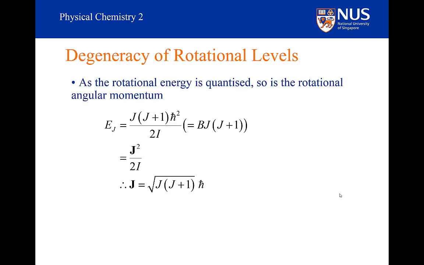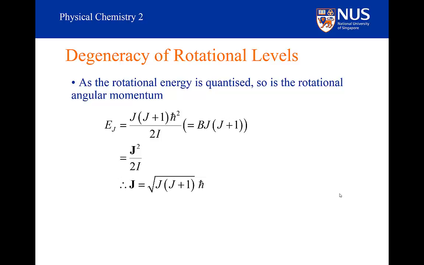So let's go back to the solution of the Schrodinger equation for my rotational system. This was the result of solving the Schrodinger equation. The energy of a rotational level J is equal to J times J plus 1 times h bar squared all over 2I.